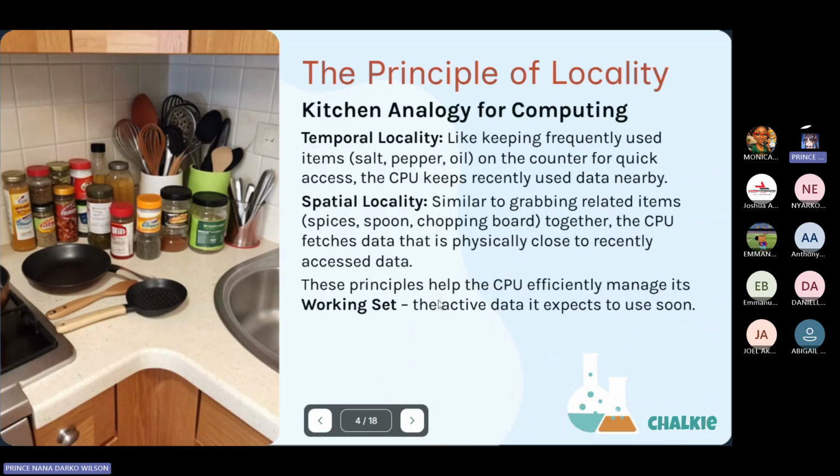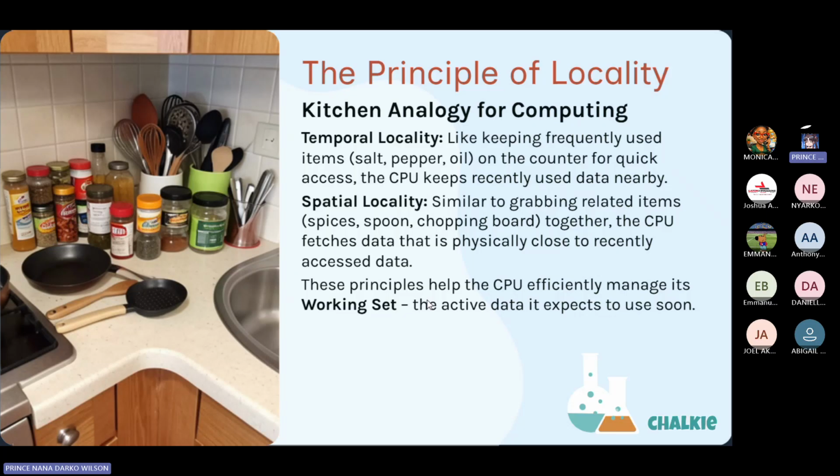Now, here's a principle to help you understand locality better. We said there are two major forms of locality: temporal locality and spatial locality. Temporal locality. Think of it this way. In a kitchen, you keep items that you frequently use, for example the salt, the pepper, the oil, on the counter so that they can be quickly accessed.